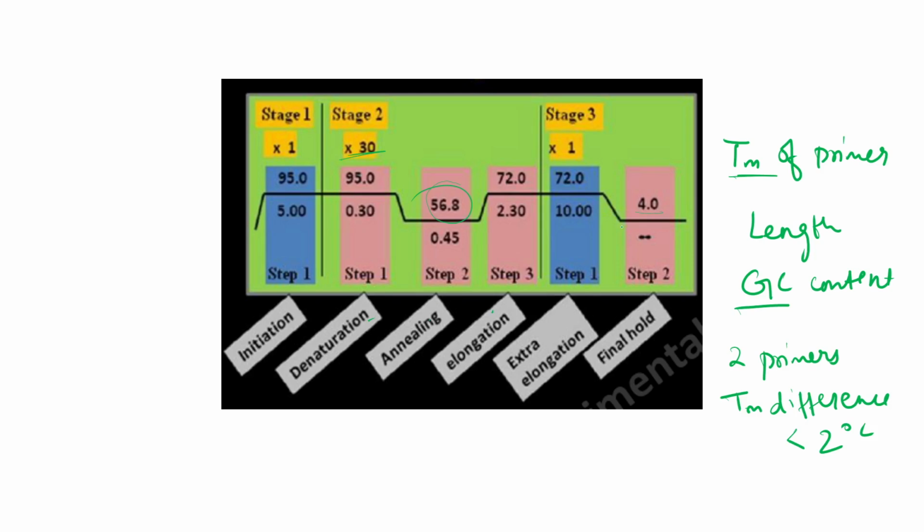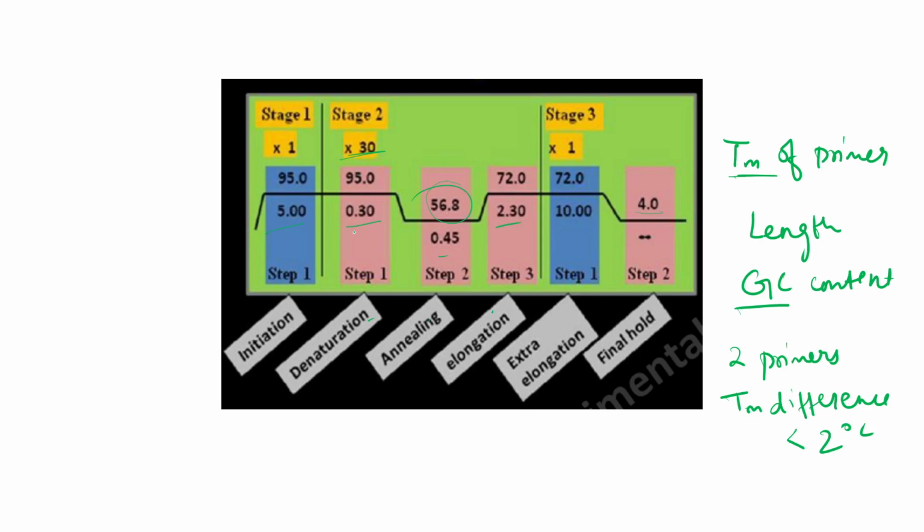Let's say I am setting up the reaction at night. You can see this step is 5 minutes, then this step is 30 seconds, 45 seconds and 2 minutes 30 seconds, and I'll repeat this cycle 30 times.